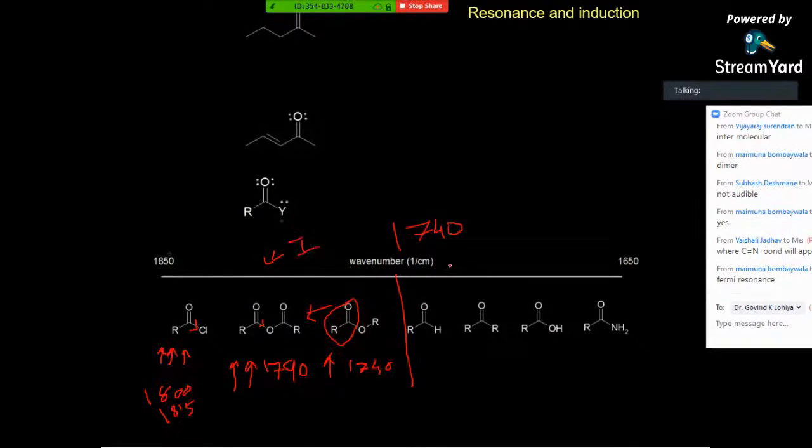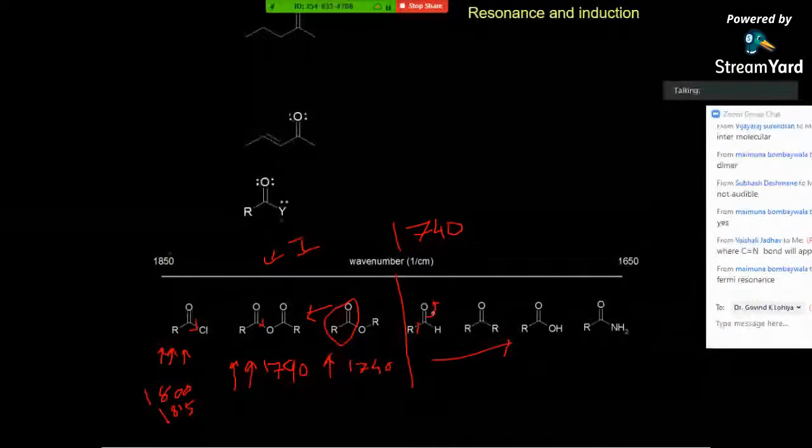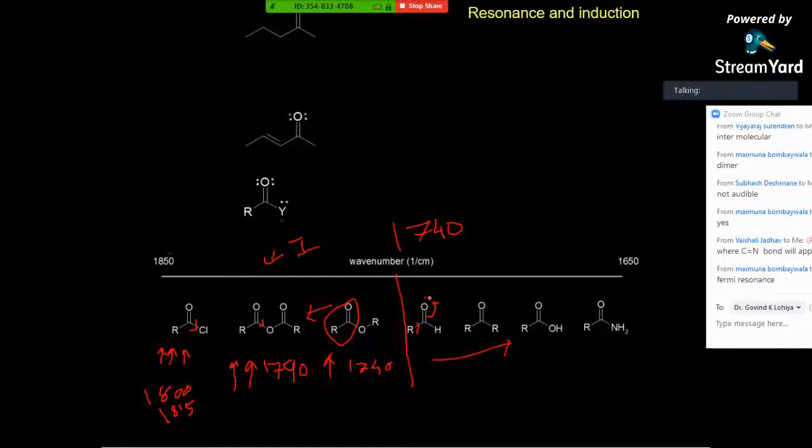But if you go to the left-hand side of this 1750, we have, for example, the ketone. Due to this, the double bond density is going onto the oxygen, making it a single bond. So here we get a decrease in the frequency, near about 1725.